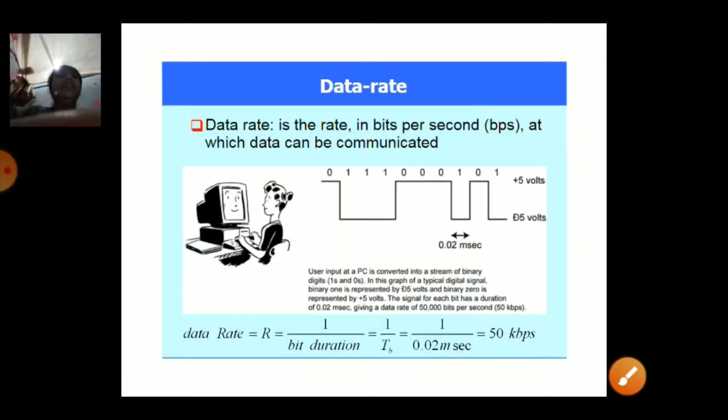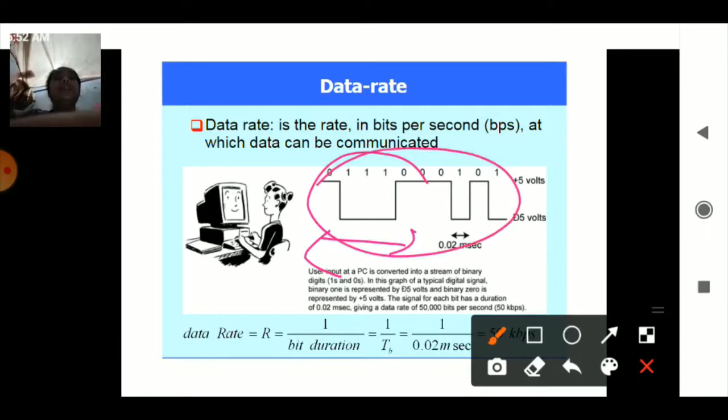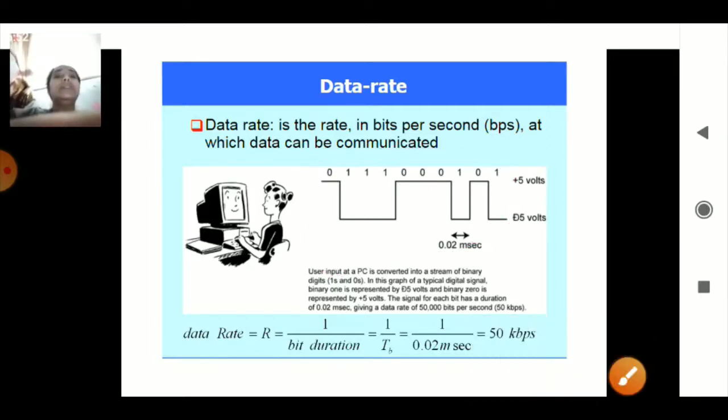Next one is your data rate. Data rate is nothing but how many bits travel from one end to another in 1 second. For example, if this is your 1 second, how many signals are generated in this 1 second is said to be your data rate. How it is calculated: you can check out here, 1 by bit duration, 1 divided by the time taken for each bit to travel.